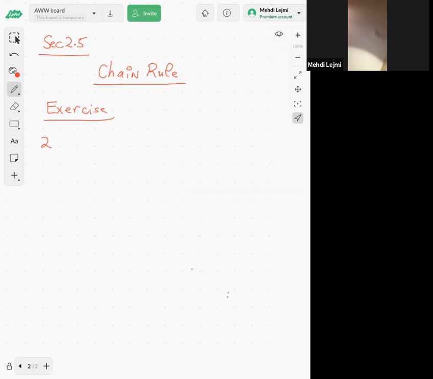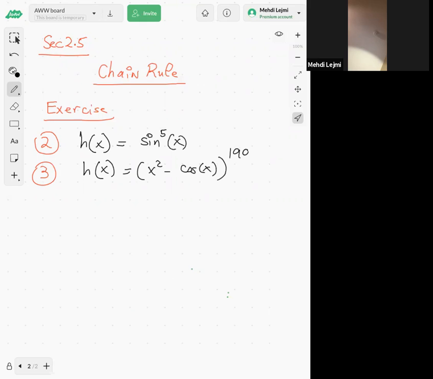So number 2 is h of x equal to sine to the power 5 of x, right? And number 3, your h of x was x squared minus cosine of x, the whole thing to the power 199, right?